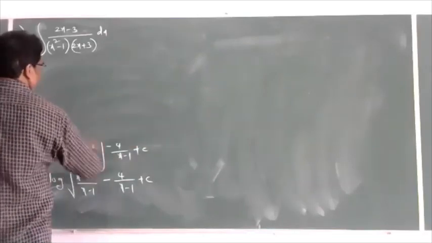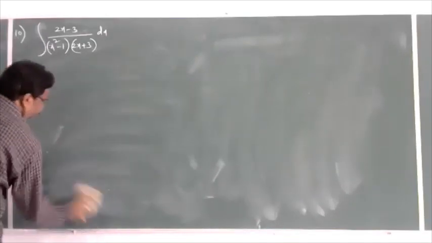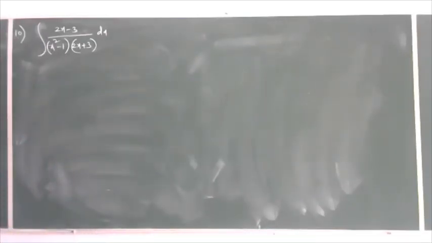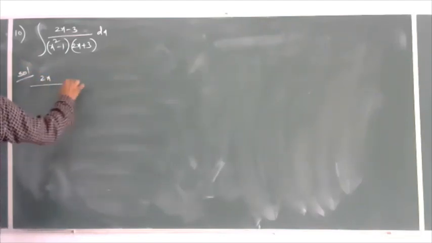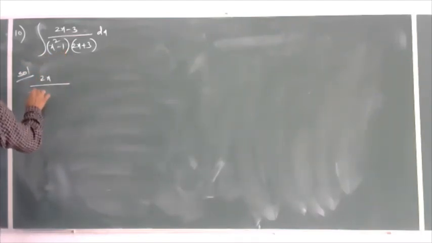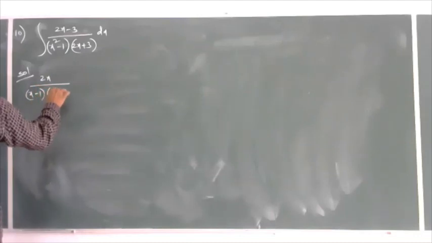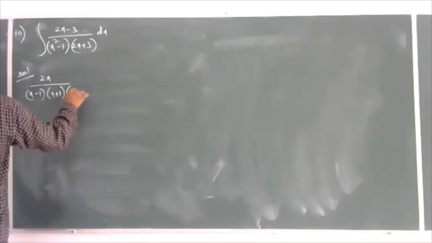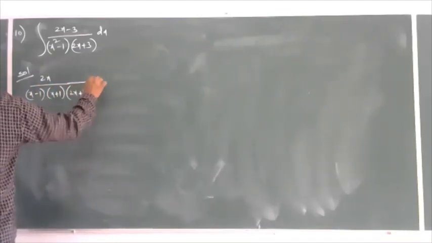Here this is the proper fraction, so the denominator degree is greater than the numerator degree. You take it separately. Solution: 2x minus 3 by, this x square minus 1 is x minus 1 into x plus 1, into 2x plus 3.